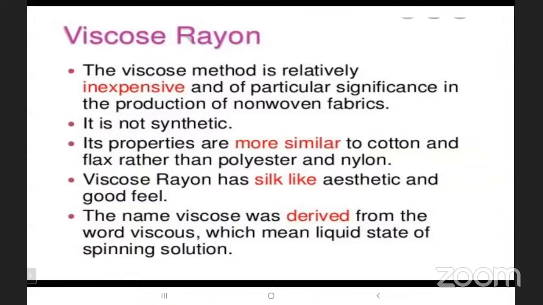So the name viscose was derived from the word viscous. Here this means liquid state of spinning solution. Viscose rayon means here we are using viscose, which means liquid state of spinning solution.